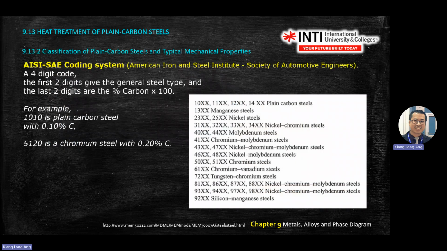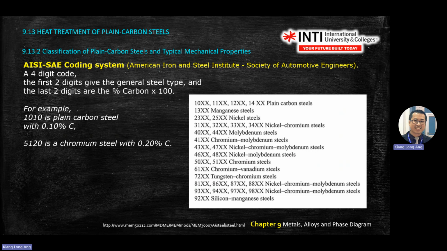Again, all these are coding. They have AISI, SAE coding, and so on, and each has its own meaning. SAE is the Society of Automotive Engineers. AISI is the American Iron and Steel Institute.